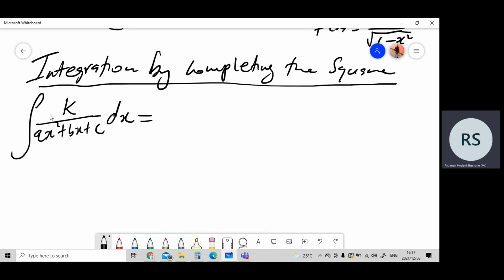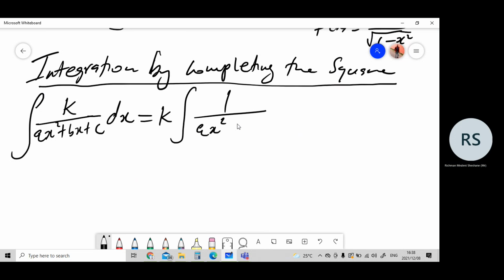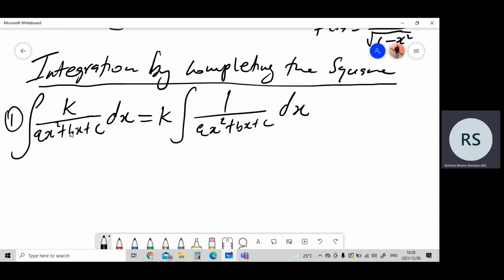You can always take out the constant k and say the integral is 1 over your quadratic, whatever your quadratic might be, dx. So if you integrate a constant over a quadratic, you pull out the constant and are left with 1 over your quadratic. In this quadratic you complete the square. That's why we say integration by completing the square.